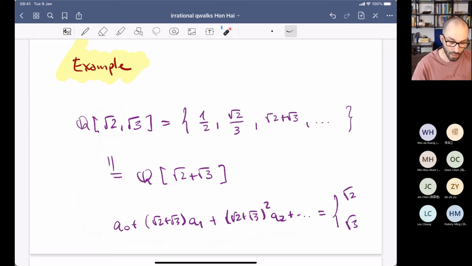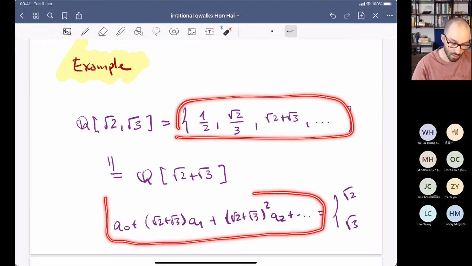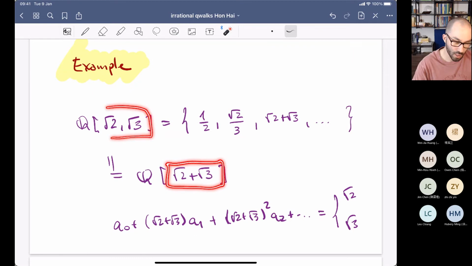And therefore you can write everything that is in here as something that looks like this. You will need powers up to 4 to accomplish this task, but you will succeed. Okay, so this is the standard example. It shows you that this is a primitive element to the extension field generated by these guys.